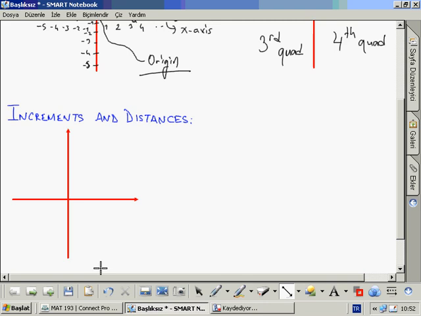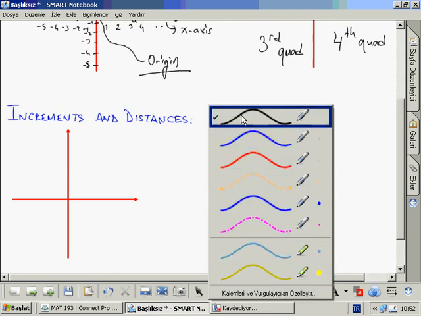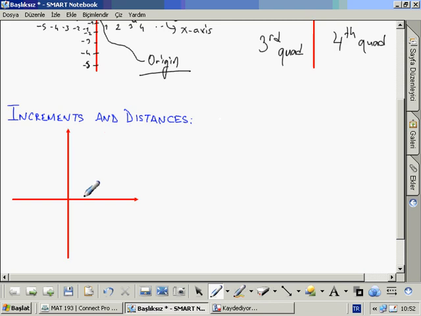Coordinate systems, and for example, this is y-axis and this is x-axis.